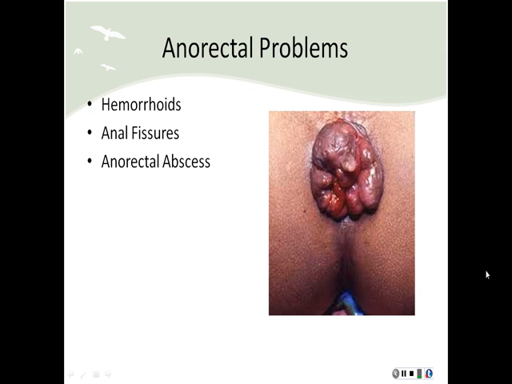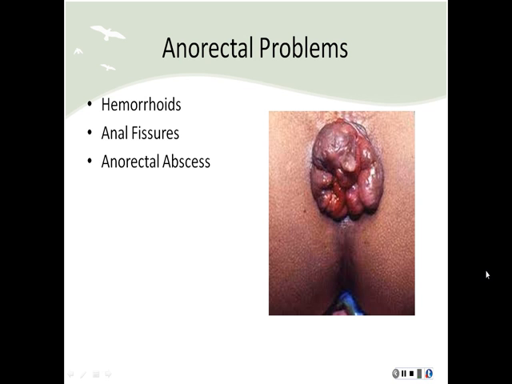Anal fissures, again, are cracks or ulcers. They are associated with Crohn's disease, as discussed earlier, but are also commonly associated with constipation. They can cause bleeding and severe pain, which may cause the patient to delay going to the bathroom and further exacerbate the problem with constipation, making symptoms even worse.